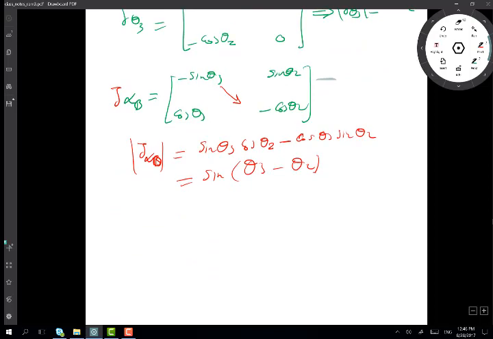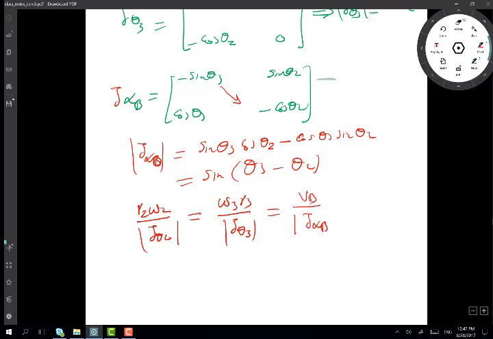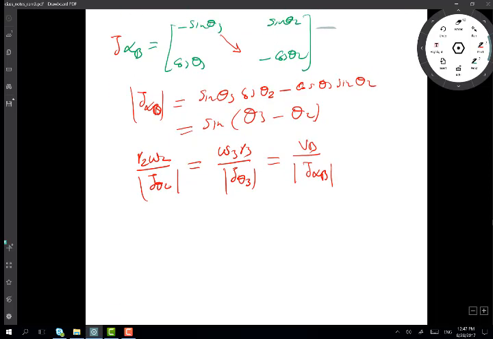Now if I want to apply the rule, remember the determinant of J y: y was r2 omega 2 over the determinant of J theta 2 is equal to omega 3 r3 over the determinant of J theta 3 is equal to, no, I don't have R4, I have over here VB over the determinant of J xb, and this way I can calculate my velocities.